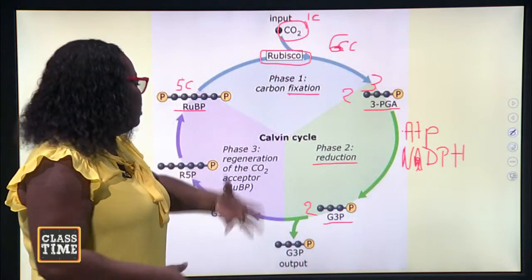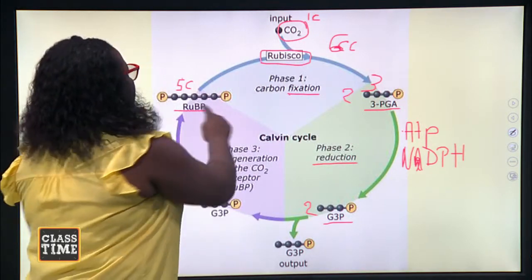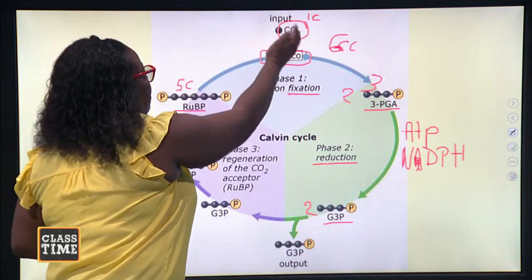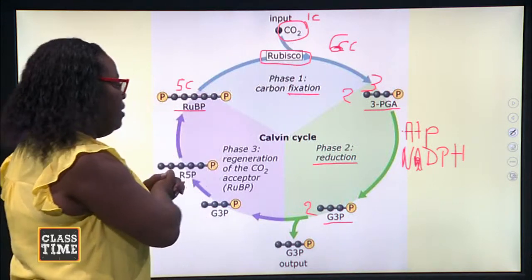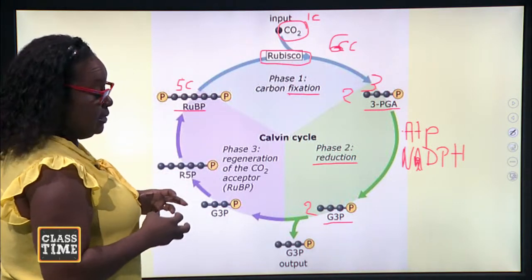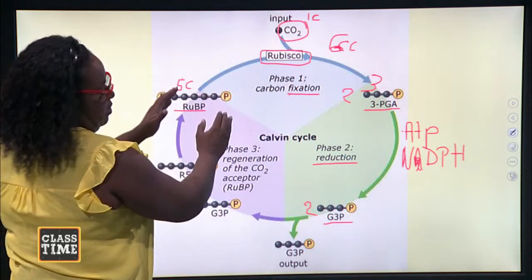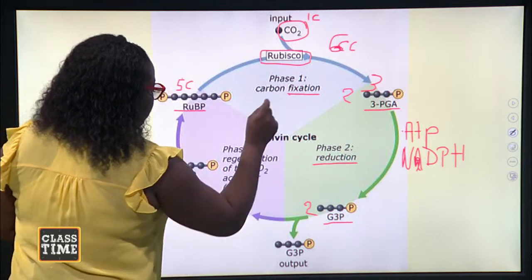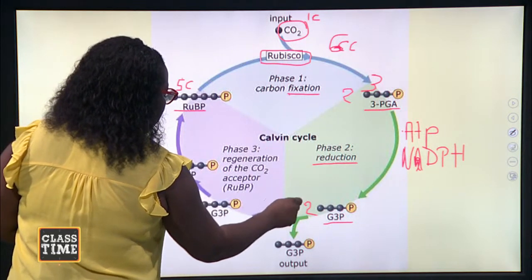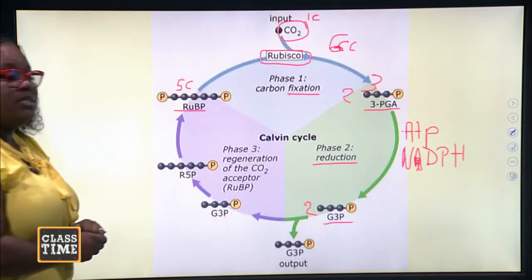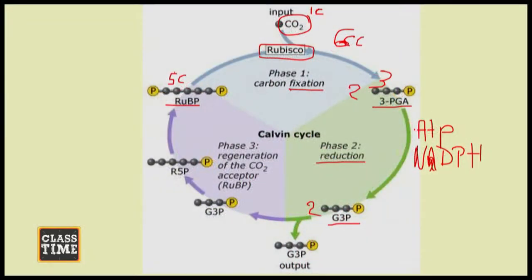You still have your same 6 carbons after the initial reaction between carbon dioxide and RuBP. Now, what happens is that the next stage in the cycle is where the G3P, or the phosphoglyceraldehyde, is going to cause a regeneration of the RuBP because it's a cycle.